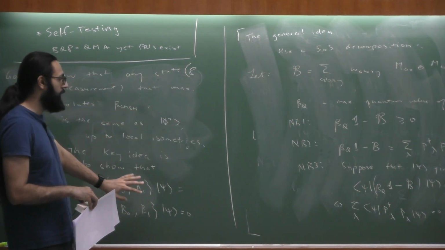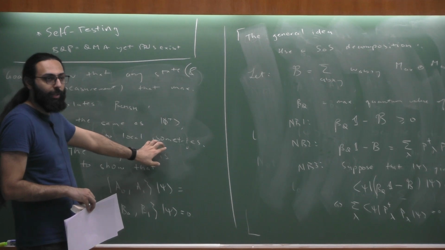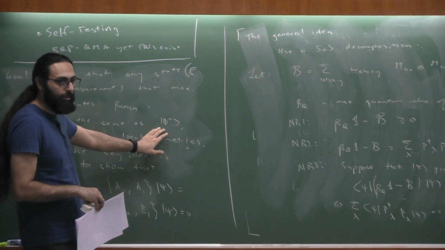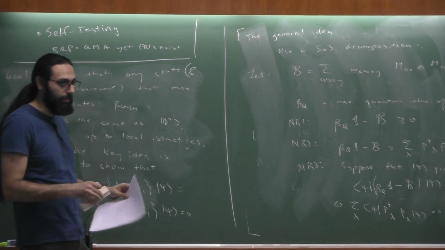So now we'll use this fact to construct such an isometry for any arbitrary state and show that the isometry actually results in this phi plus state. That's the idea.